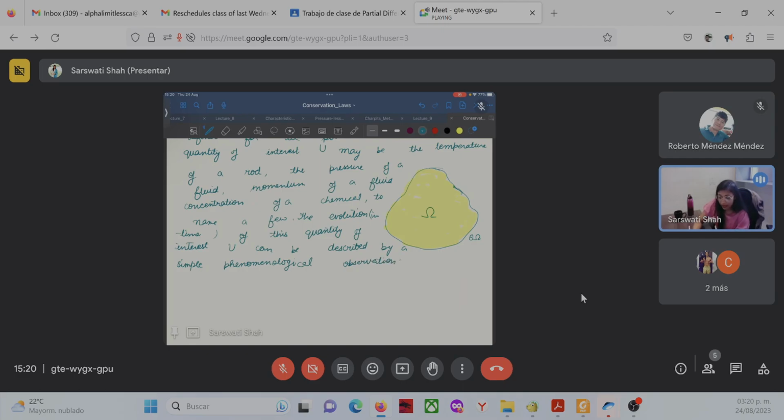So here I am writing the definition of the balance law or conservation law. The temporal rate of change means change in this quantity of interest with respect to time.